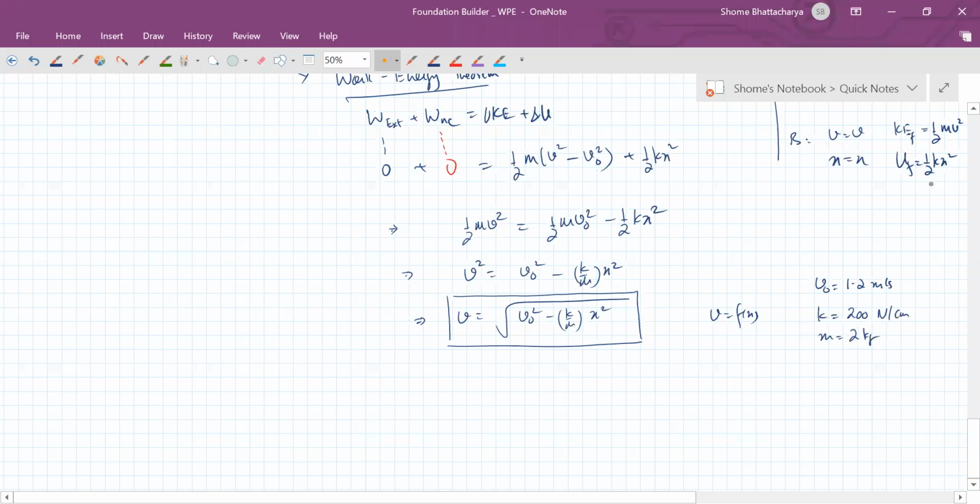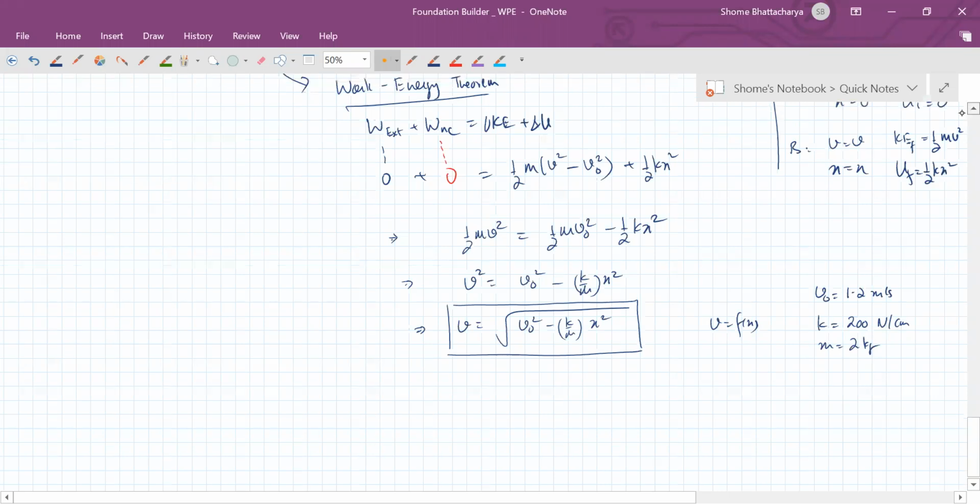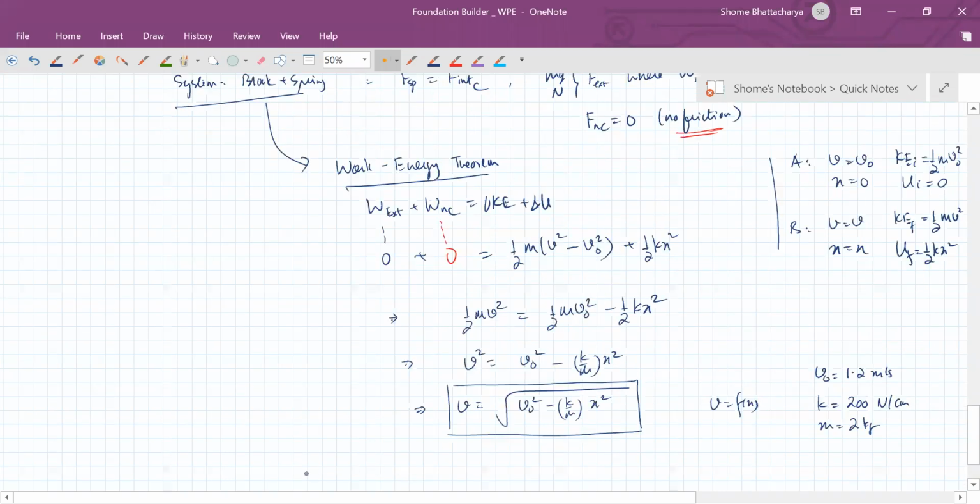Now from this expression we can see one more thing: when the block comes to rest, that is v becomes 0, the compression of the spring is maximum.